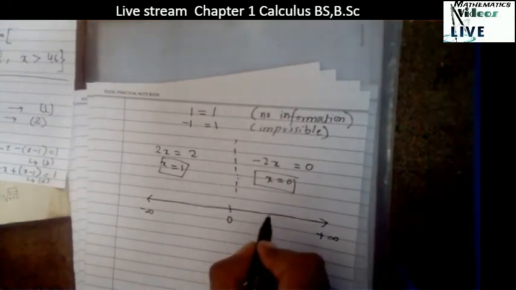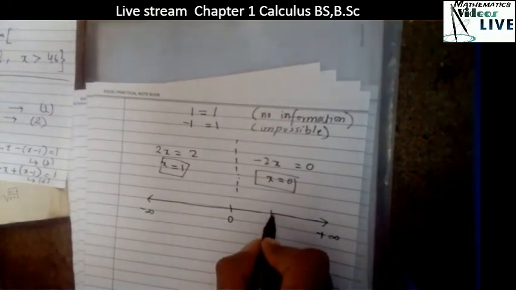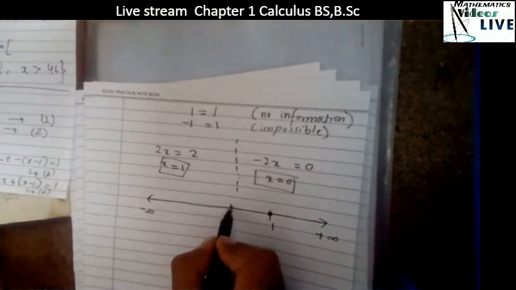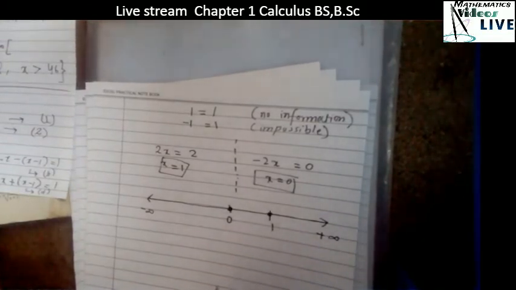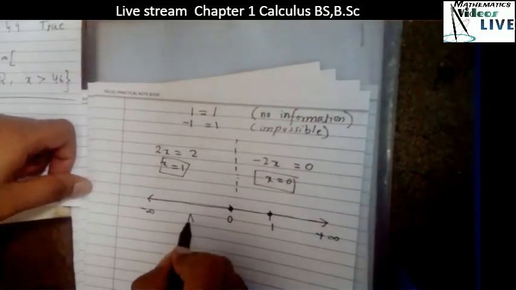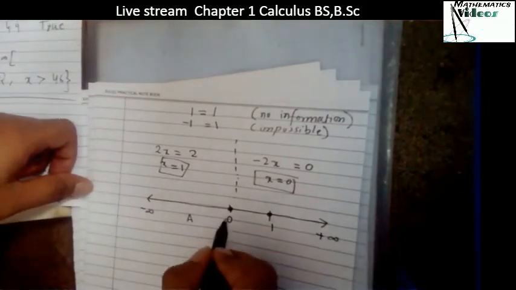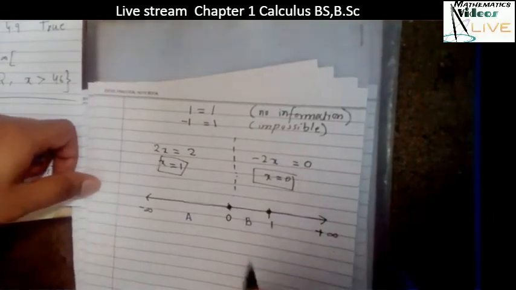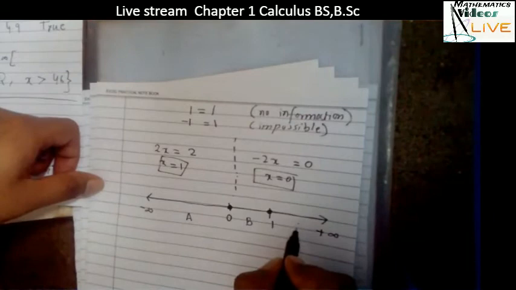From here, one of the boundary points is x is equal to 1, and from here the other boundary point is x is equal to 0. So these are the 2 boundary points. Now we will draw the real number line, negative infinity here, positive infinity here, and 0 at the center.